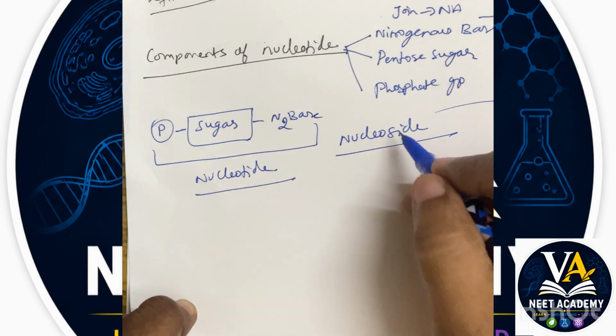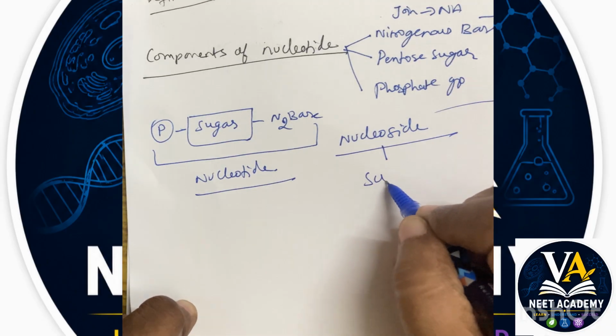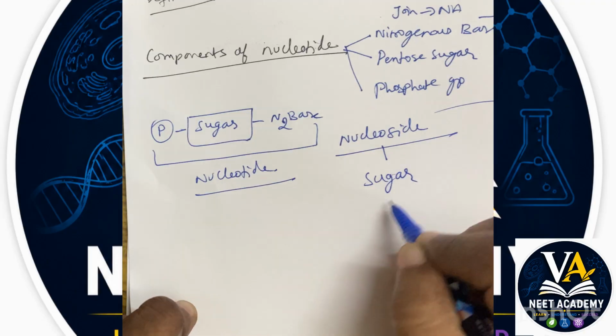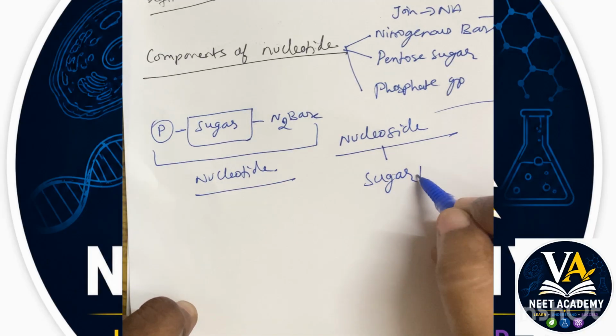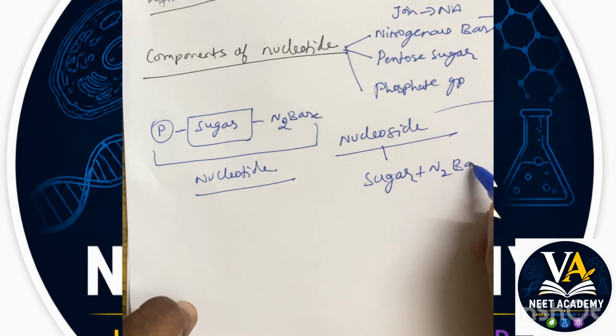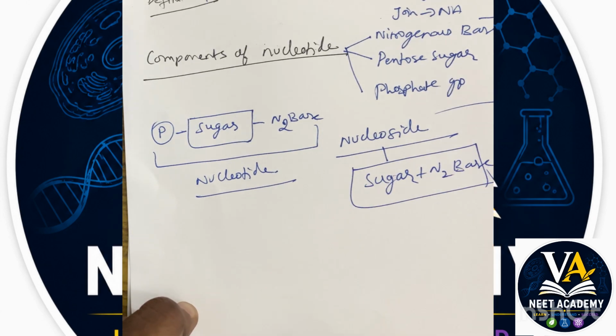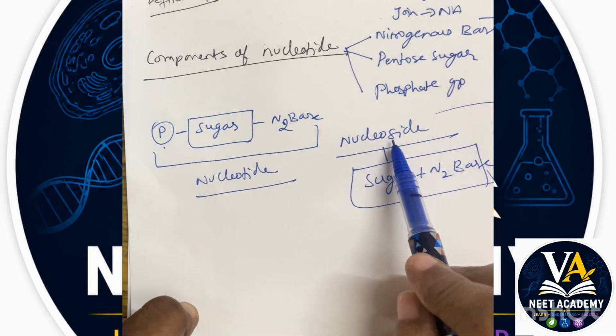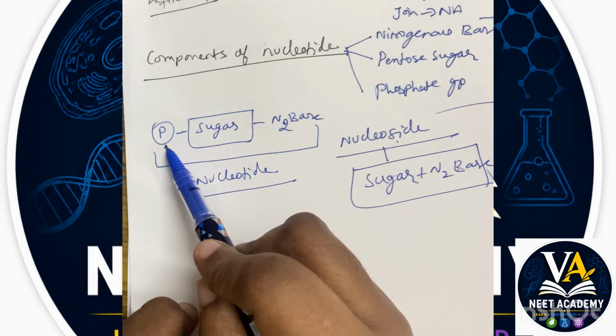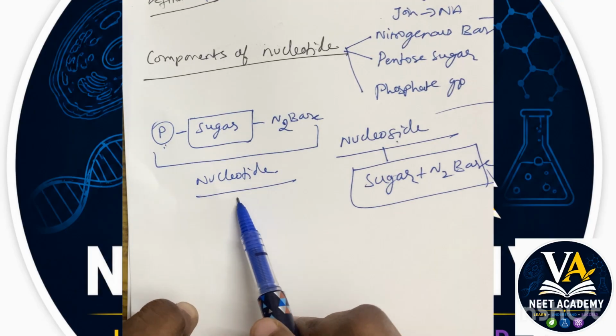What is a nucleoside? Nucleoside is just a sugar and a nitrogenous base. Nucleoside is made up of only sugar and nitrogenous base. So what is absent? The phosphate group is absent. So when a nucleoside is attached to a phosphate group, you get nucleotide.